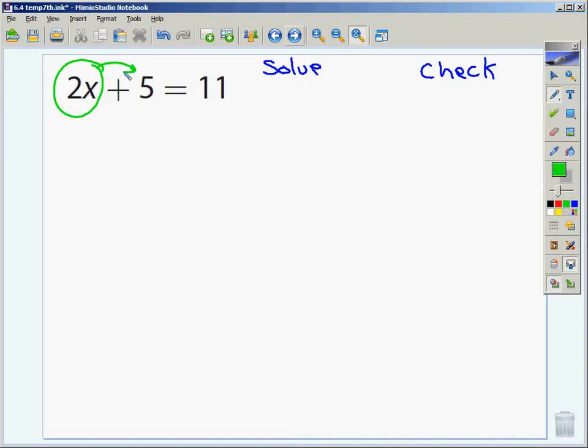Okay? I have to get rid of this 5. It's being added, so I subtract. Whatever I do to one side of an equal sign, I have to do to both sides. The 5s on the left are going to cancel out, leaving me just 2x. 11 minus 5 is 6.